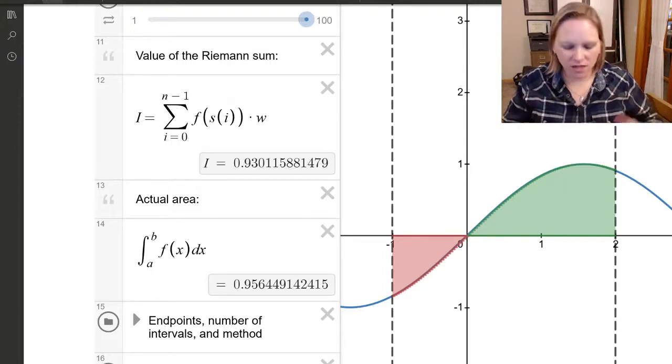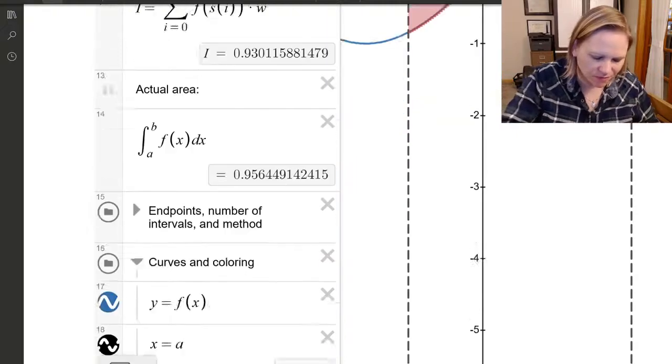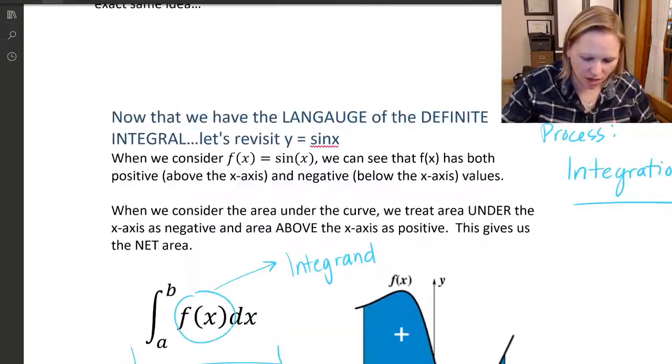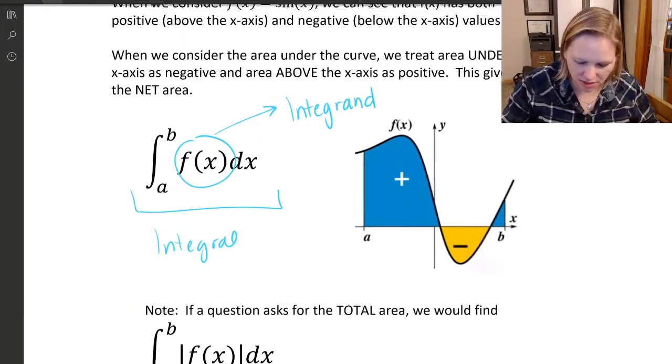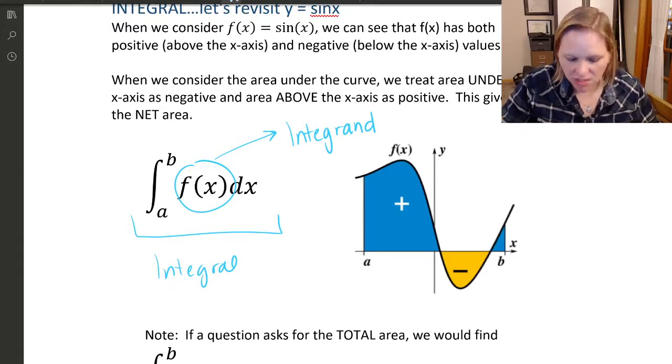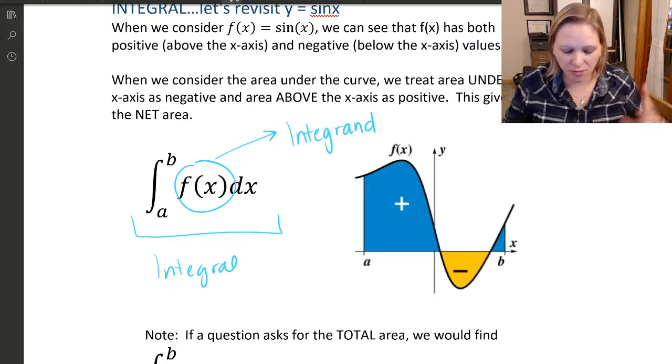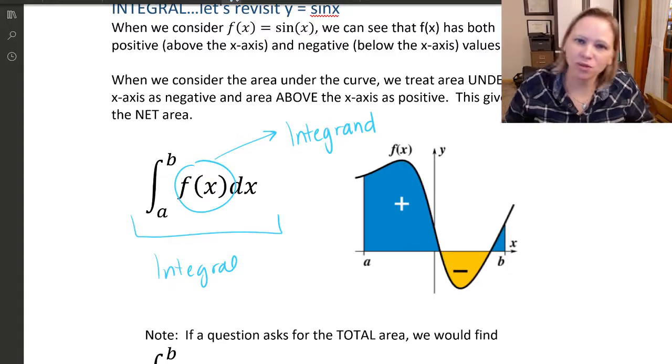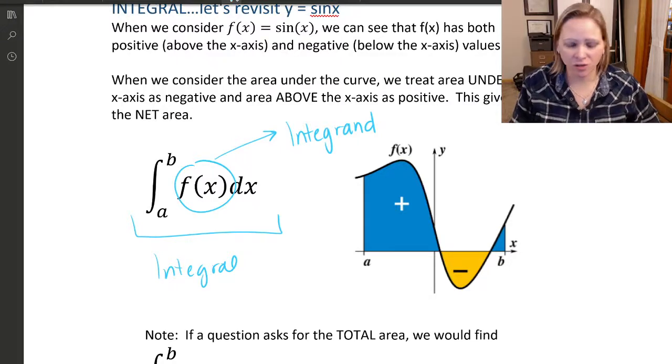Your book does a pretty confusing job, I think, of explaining this. But the idea is this is a positive value, this is a negative value. So when we combine them together, we have to add positive numbers with negative numbers, so the negative numbers will cancel some of the value away.